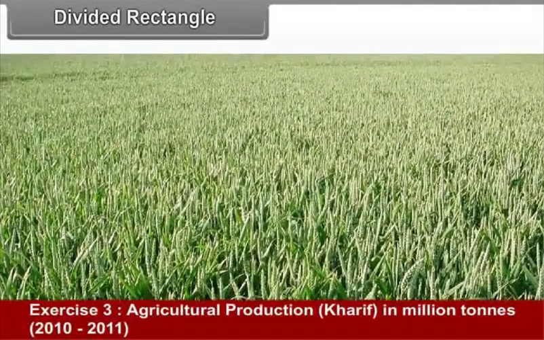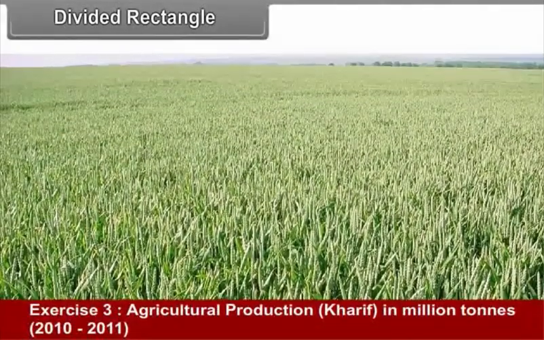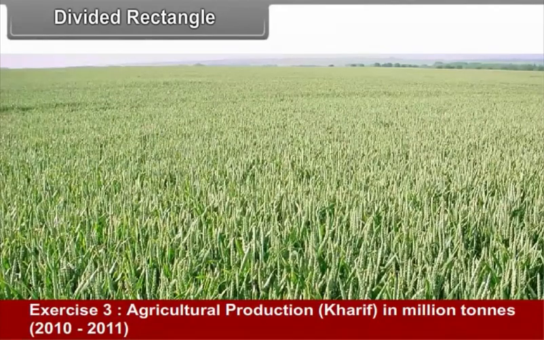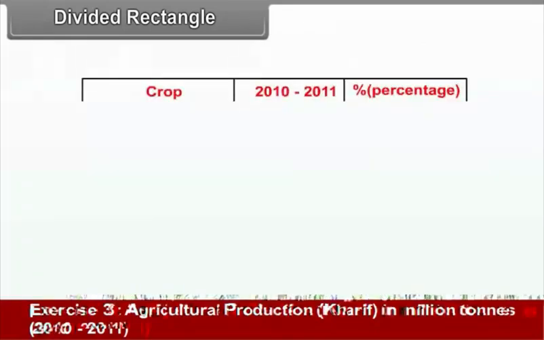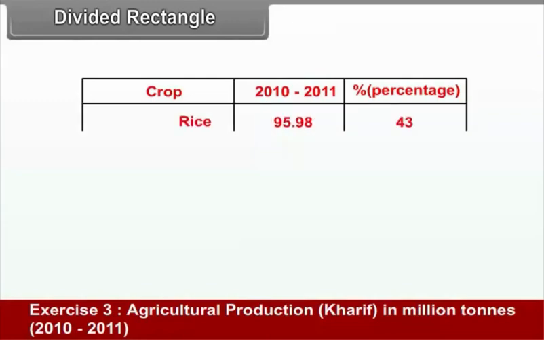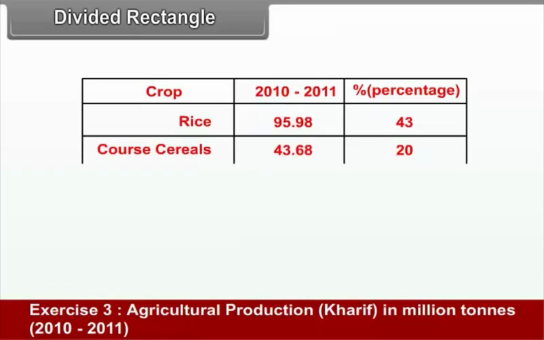Exercise 3. Agricultural production. Kharif in million tons, 2010 to 2011. Crops, 2010 to 2011 in percentage. Rice, 95.98, 43%. Coarse cereals, 43.68, 20%.